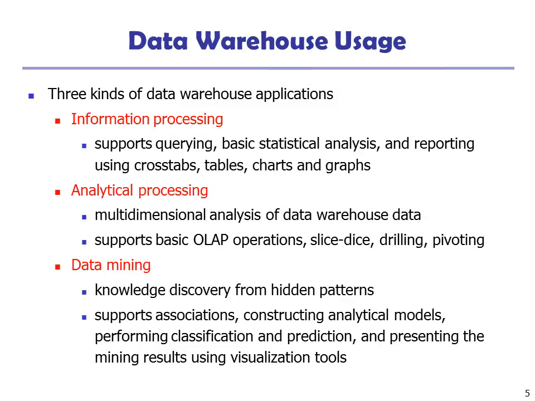So the basic uses of data warehouse can be looked at in an incremental fashion. There are three main kinds of data warehouse applications. The first one is the least complicated, which is just simple information processing. In this application, the data warehouse just has to support querying, some basic statistical analysis, reporting, and some visualization of the data in forms such as crosstabs, tables, charts, and graphs.